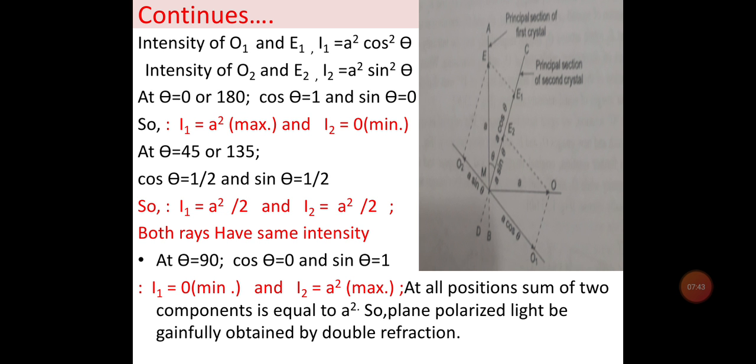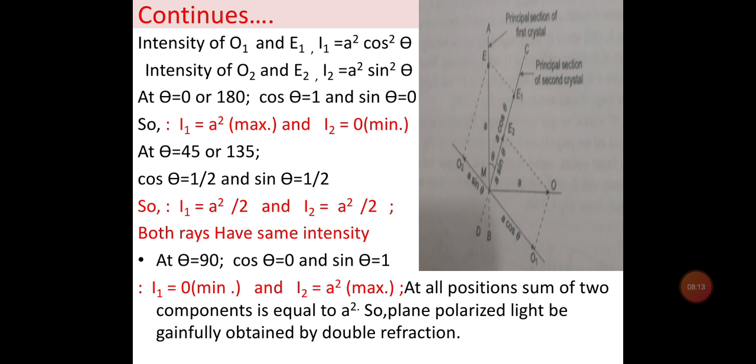Finally, you can say that the splitting of the O ray and E ray on entering the second crystal is because the second crystal, like the first, transmits the light vibrating in its principal section. Now you can see that the intensity of O1 and E1 is A square cos square theta, and the intensity of O2 and E2 is A square sin square theta.